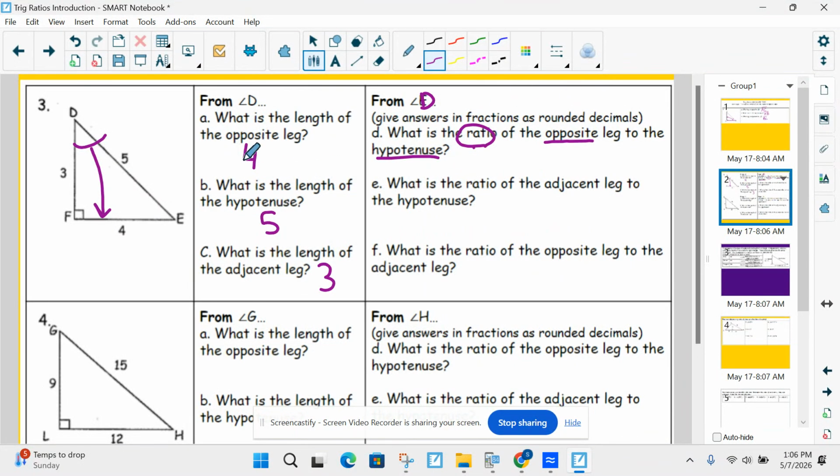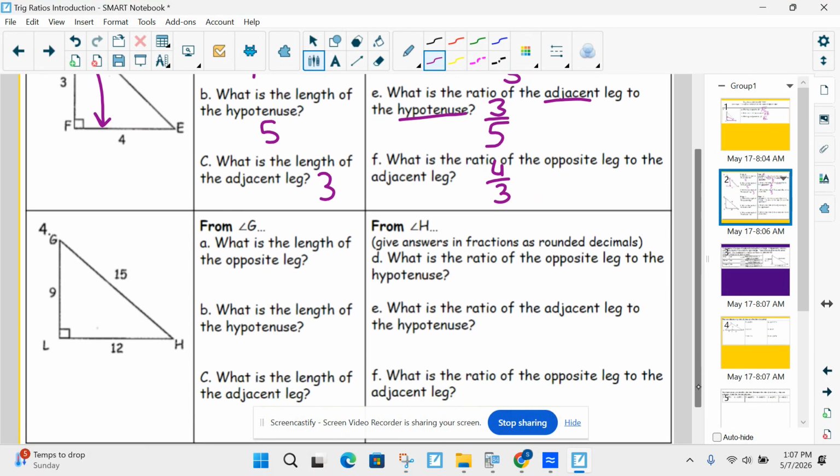So if the opposite is 4 and the hypotenuse is 5, the ratio is 4 over 5. The ratio of the adjacent leg to the hypotenuse would be 3 over 5. And the ratio of the opposite to the adjacent would be 4 over 3.